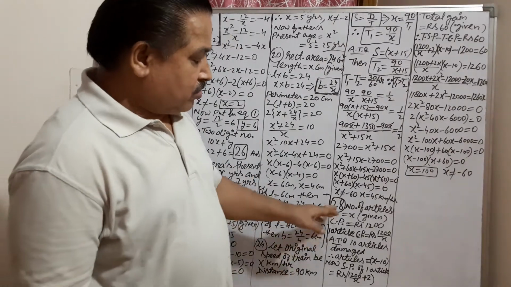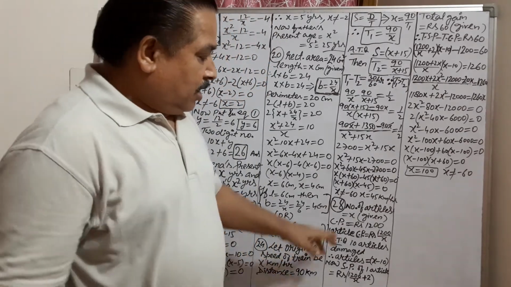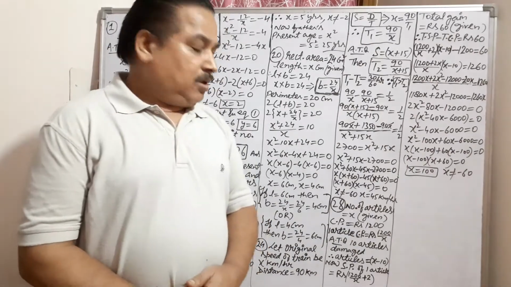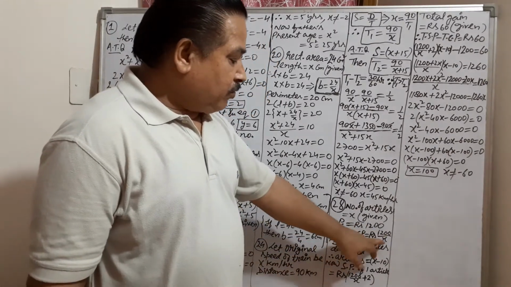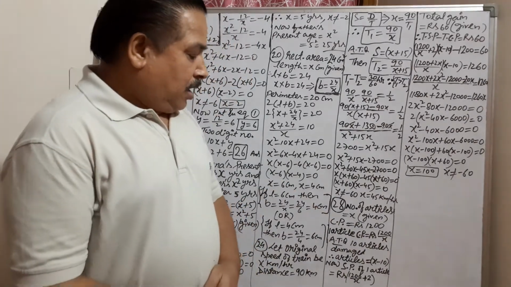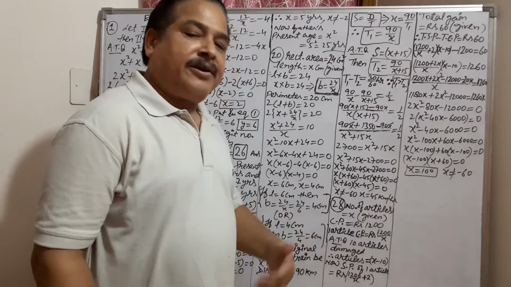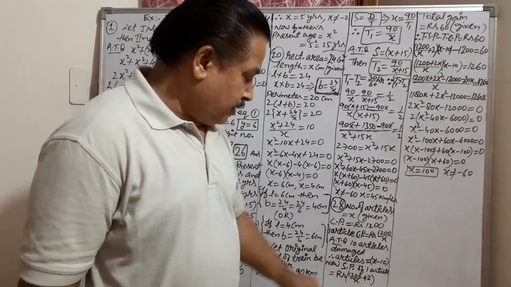Now see question 28, which is based on articles. Let the number of articles be x and the cost price of these articles is given as 1200 rupees. So the cost price of one article will be 1200 upon x. According to the question, 10 articles are damaged, so the number of articles will be x minus 10.